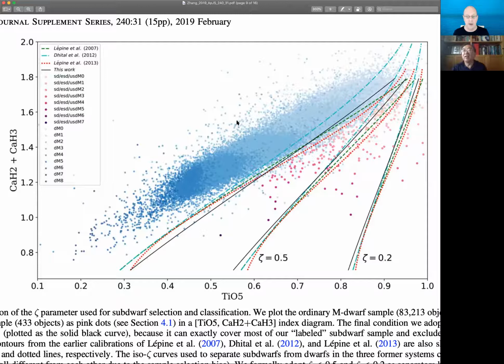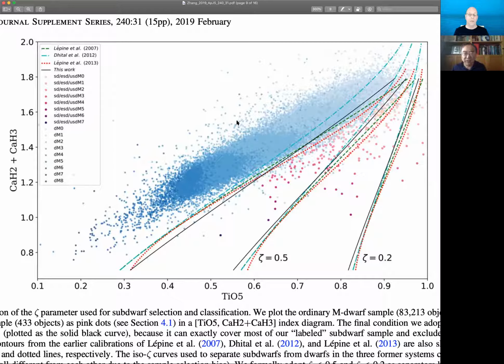Yes, understood. Because the line index is not affected by only one parameter, metallicity. For example, calcium hydrides are also affected by the gravity and so on.